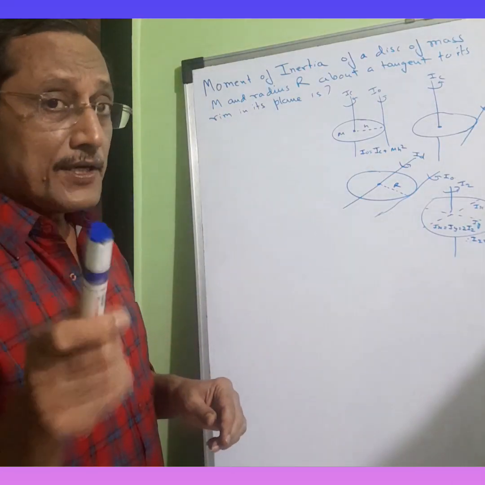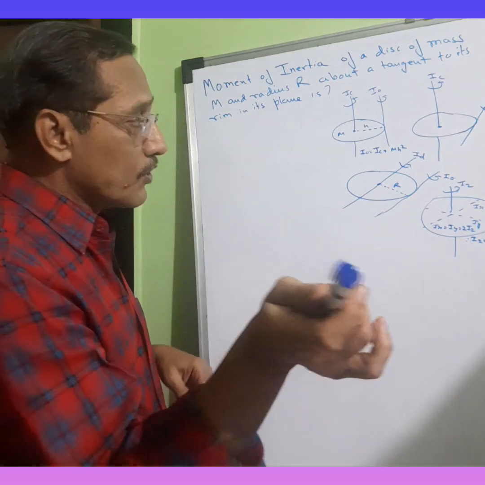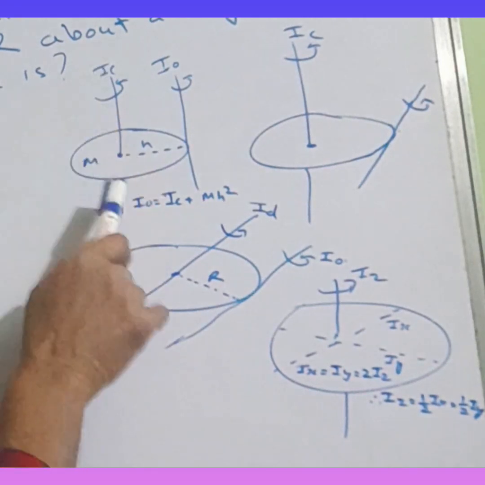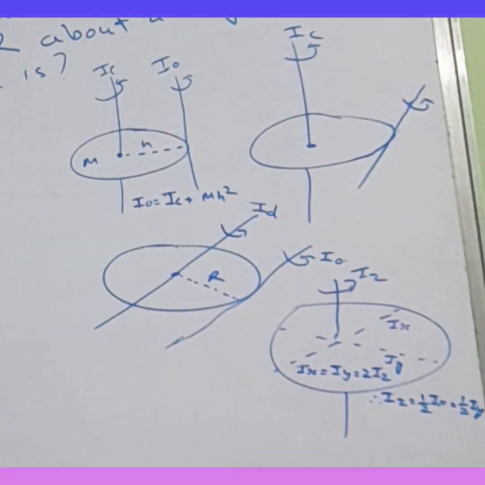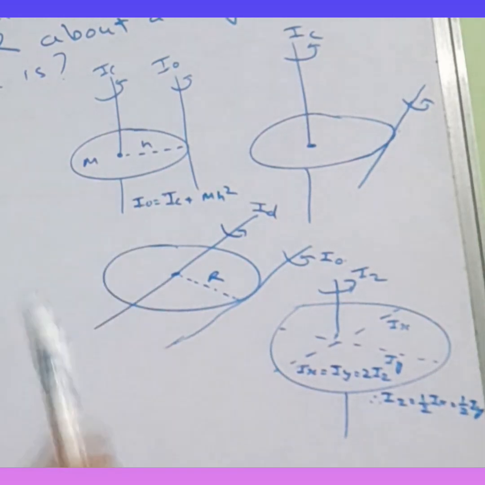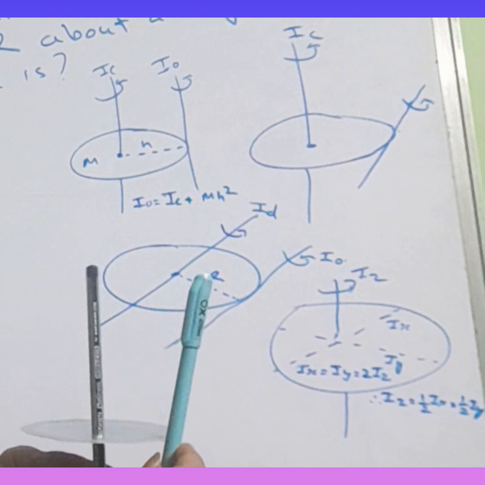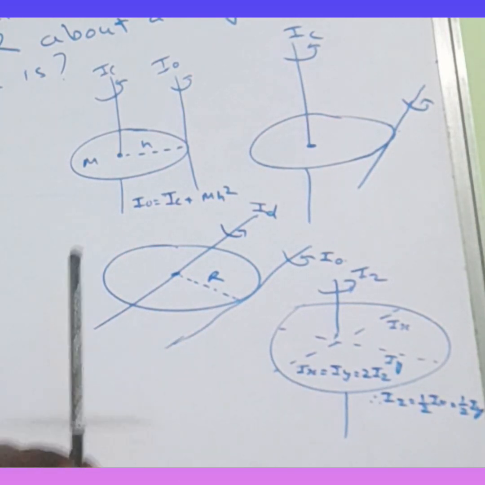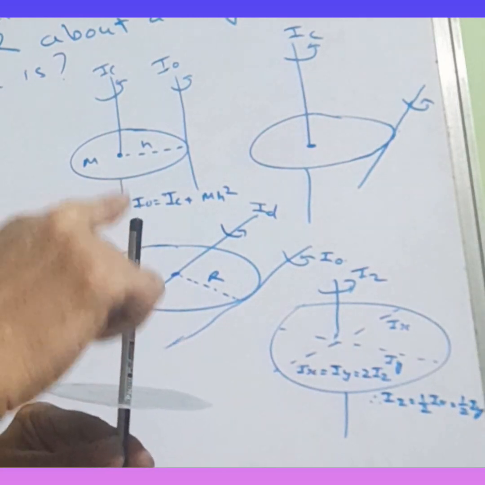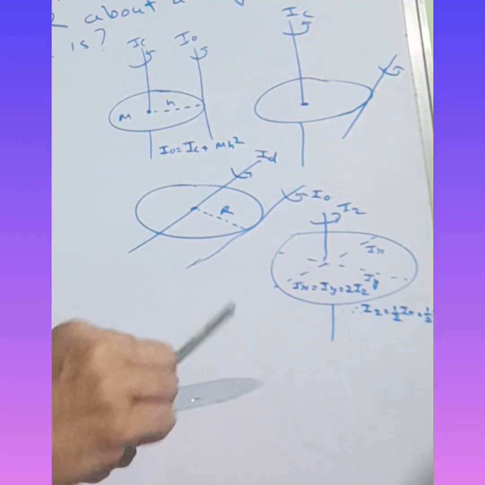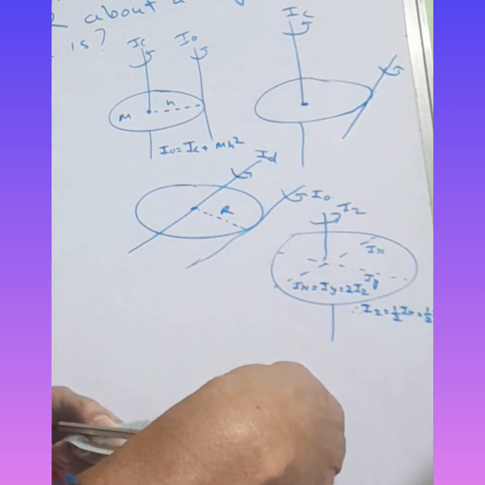Here, mind you, two formulae, both the formulas which we have learned, the parallel axis formula and the perpendicular axis formula, we have got to use. The parallel axis formula, practically I intend to show it was about this, and the perpendicular axis formula is: if this is IZ, then this would be IX or this would be IY.